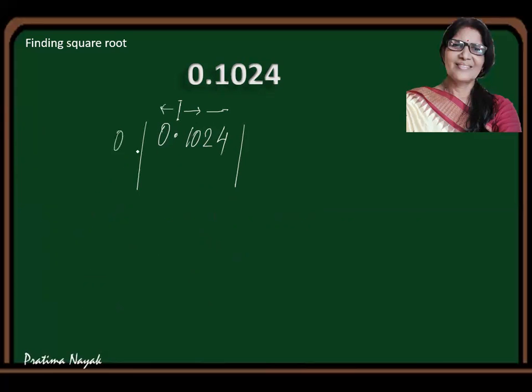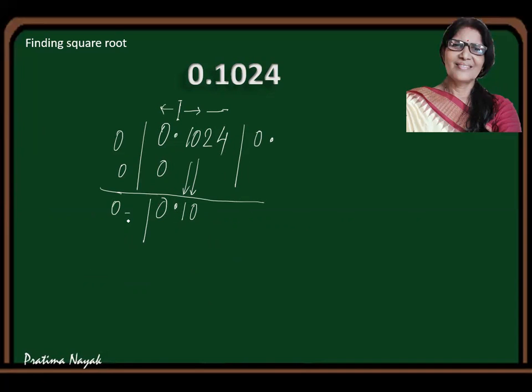So there is 0, I'll put 0. Then 0 minus 0 is 0, then point. Here also I'll carry the point, because now the whole number part is finished. Then I'll bring 2 digits together. Then 0 plus 0 is 0.